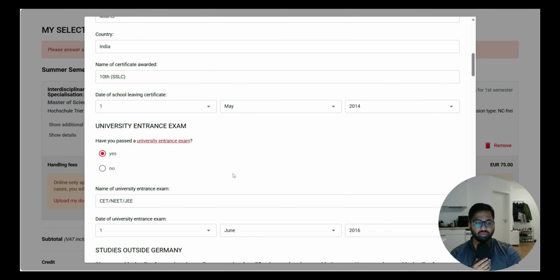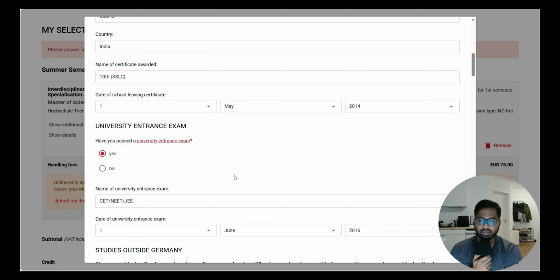After school 2, which will be your PUC or 12th standard, in Karnataka we always have a mandatory university entrance examination that we have to take in order to get seats in engineering college or for bachelors. That's the reason that for Karnataka people, it would always be yes for university entrance examination.